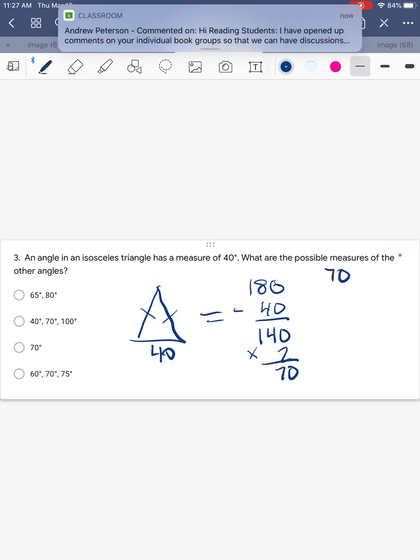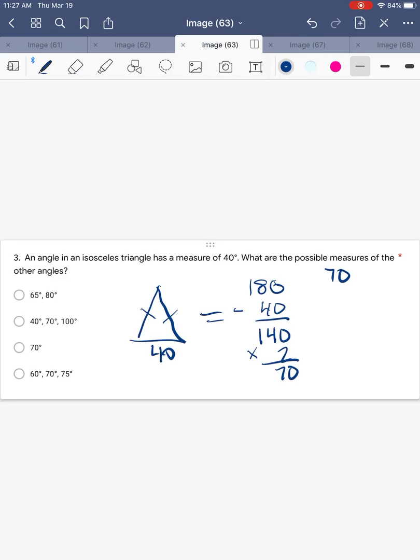But let's also try out, I'm just going to erase this part, what about if our triangle had this angle as 40?